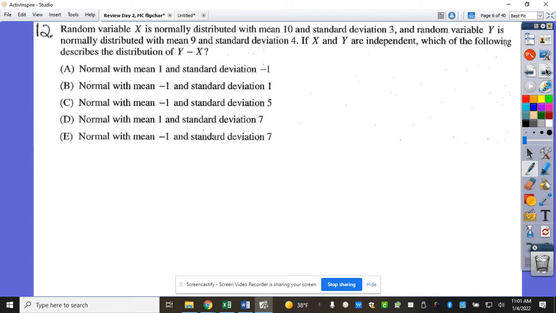Random variable x is normally distributed with mean 10, standard deviation 3.